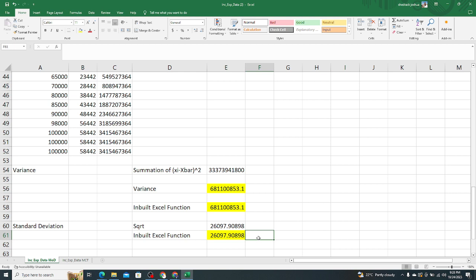It tries to quantify the extent to which an individual data point in a data set will deviate from the mean. It also measures the dispersion of the data.